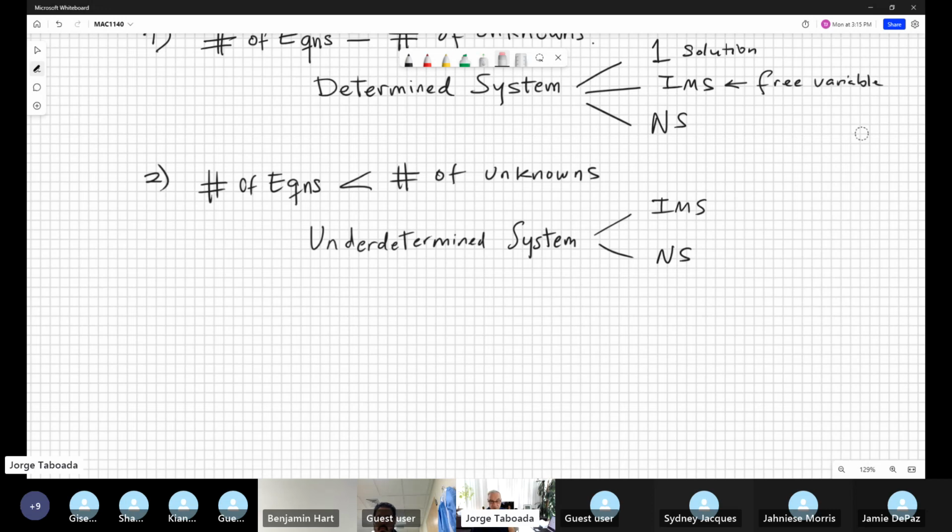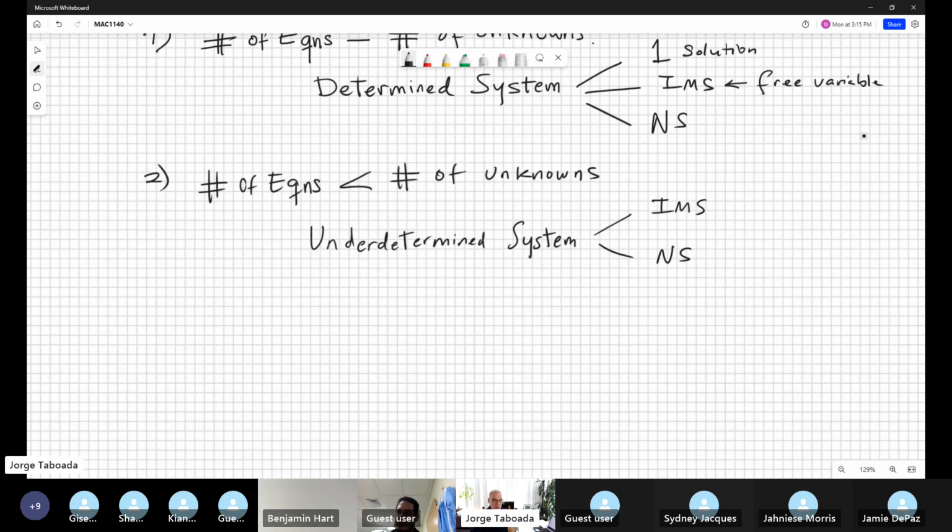This is important. Geometrically speaking, when you have a lack of equations, my problem is 3D and you have only two equations, or my problem is 4 dimensions and we have only 3 equations, it's impossible, geometrically, to have one solution, one point as the solution.